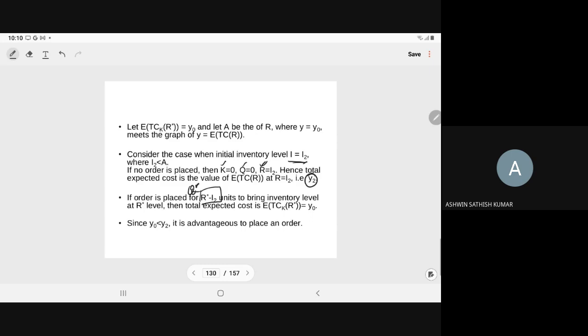When you order, K is non-zero, and at that time the ETC at R star will become Y naught. From the graph we have seen Y naught is less than Y2, so it is advantageous to place an order of quantity Q star equal to R star minus I2. Clear this part?